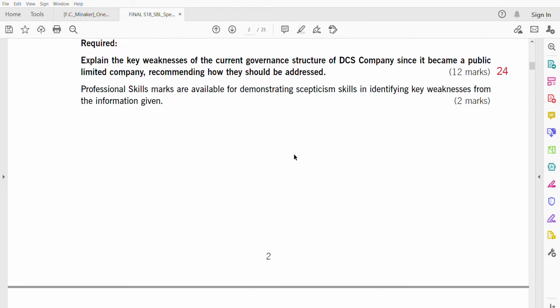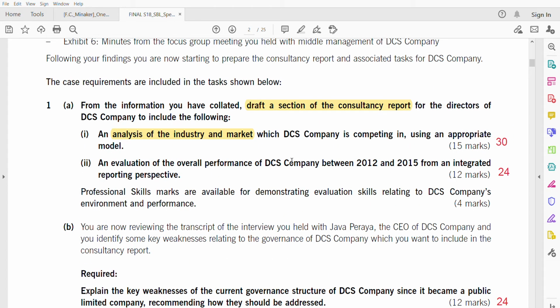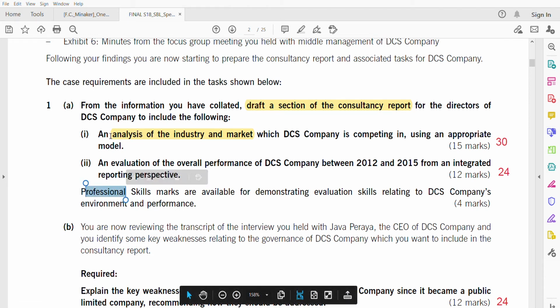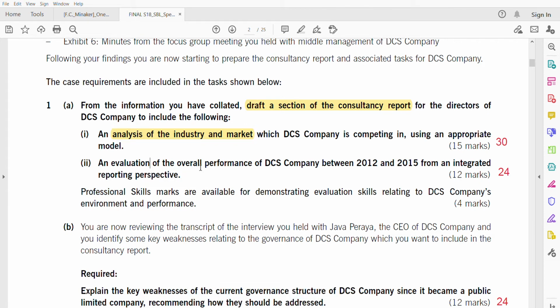So this professional skill which is given, it's not for the first part because you didn't do any evaluation skills there. It's for the second part. You will always be given the professional skills below the requirement where you need to use that professional skill. So this professional skill is not for I, but it's for the second one, the double I. Okay, evaluation of the overall performance of DCS company between 2012 and 15.